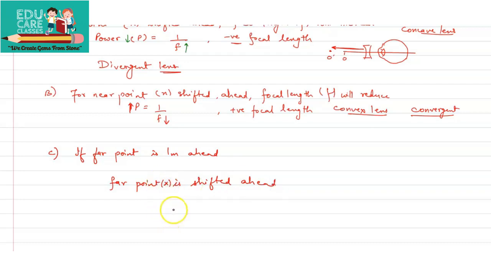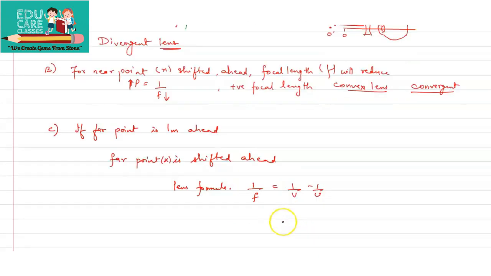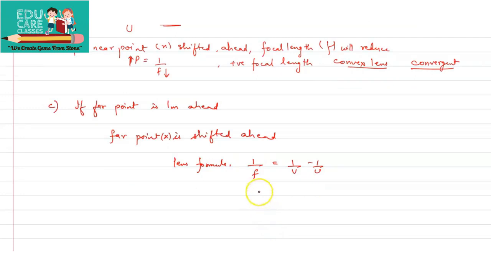By using the lens formula, 1 by f is equal to 1 by v minus 1 by u. Our focal length is f, v is, let us say, x, and u is minus infinity, so 1 by infinity is 0.